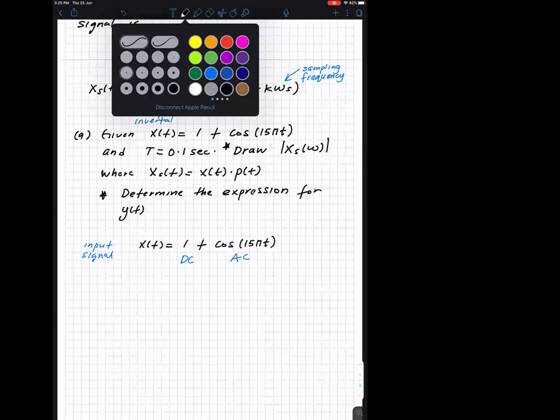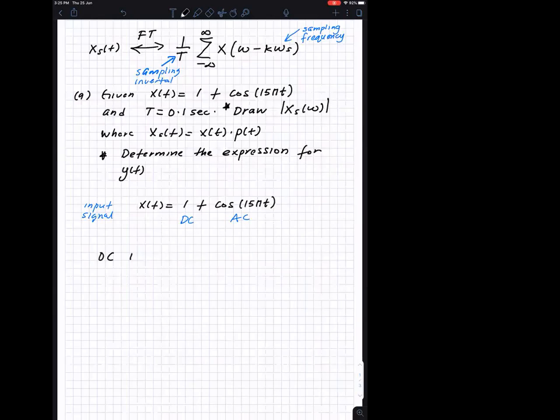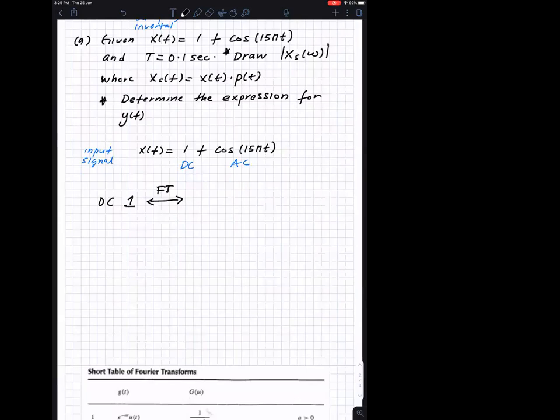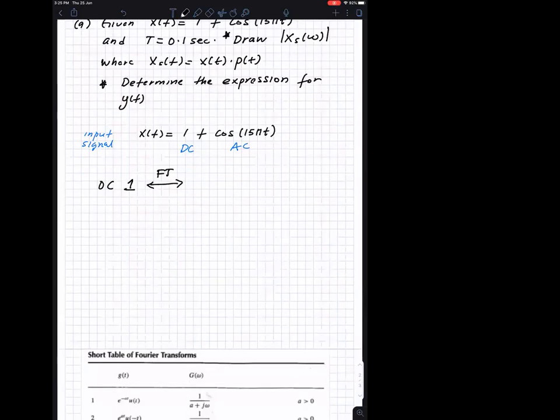Okay, Fourier transform. So we have DC here, the DC part. DC is 1. So what will be the Fourier transform of 1? We have a table here. You can see the Fourier transform of a DC is 2 pi delta as a function of omega.